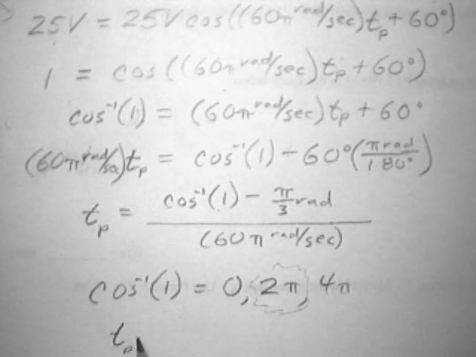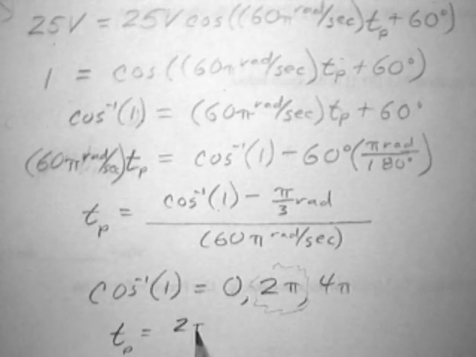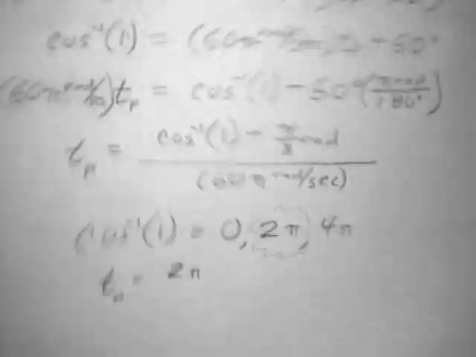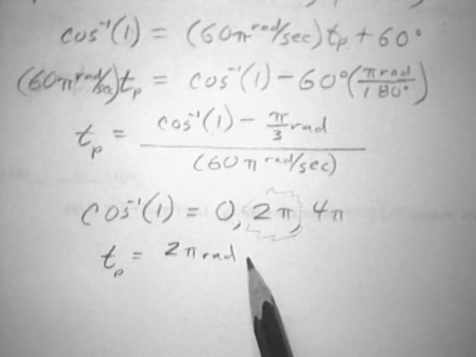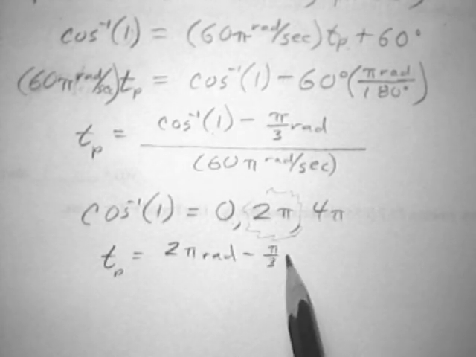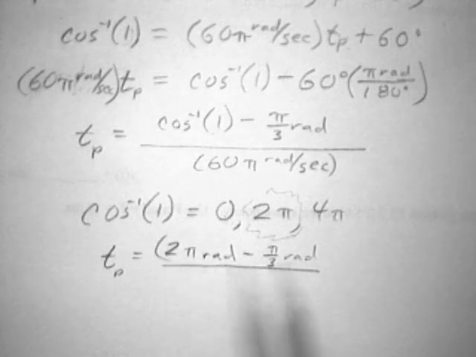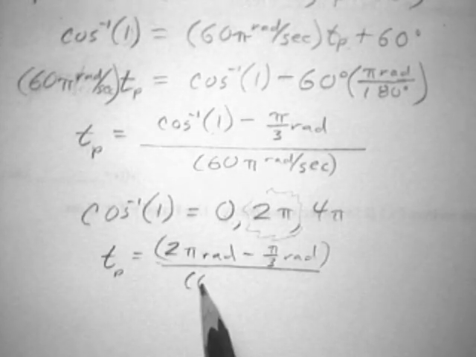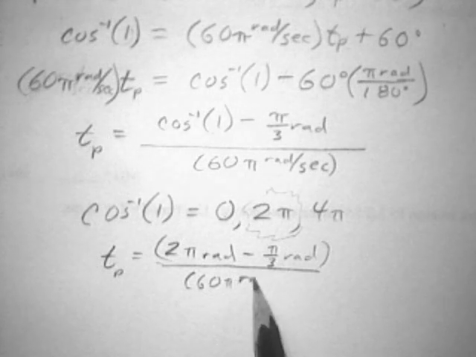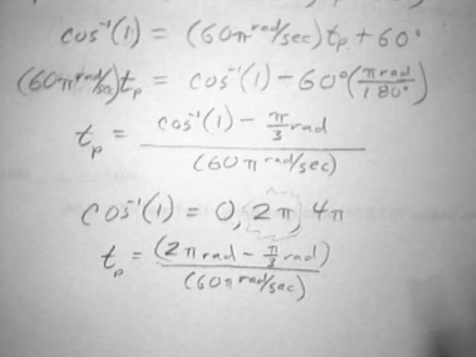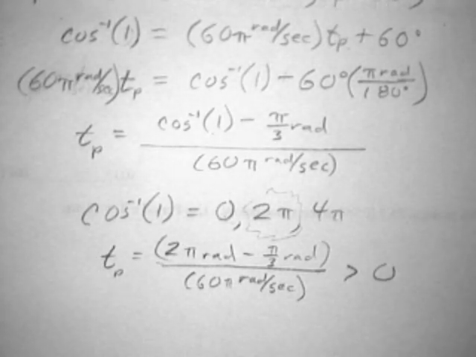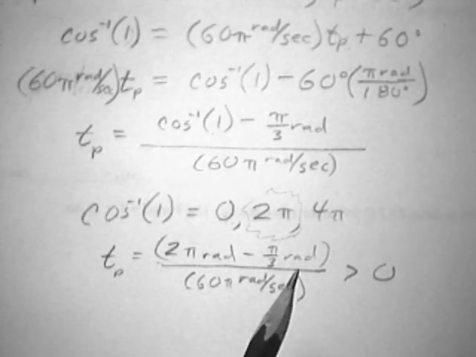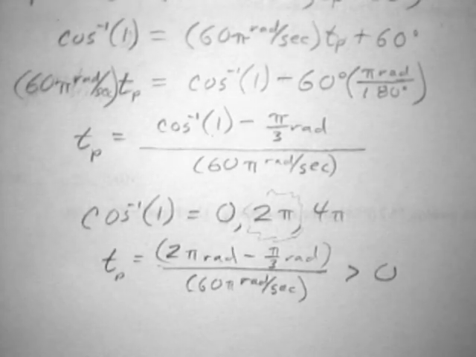So the time for the first peak can be found by taking 2 pi radians minus pi over 3 radians, and divide all of that, once you find a number, by 60 pi radians per second. So here you're going to get a time that's greater than 0, and the answer will also be in seconds. Alright, again, this is a different problem than the one that you're asked to work on this page, but I hope that going through this example helps out.